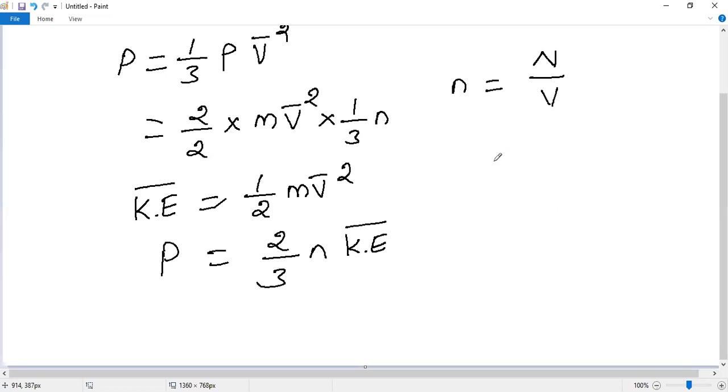Then you will get pressure equal to 2 by 3, but in the earlier formula itself I am changing n by N over V, times 1 by 2 m v bar square.